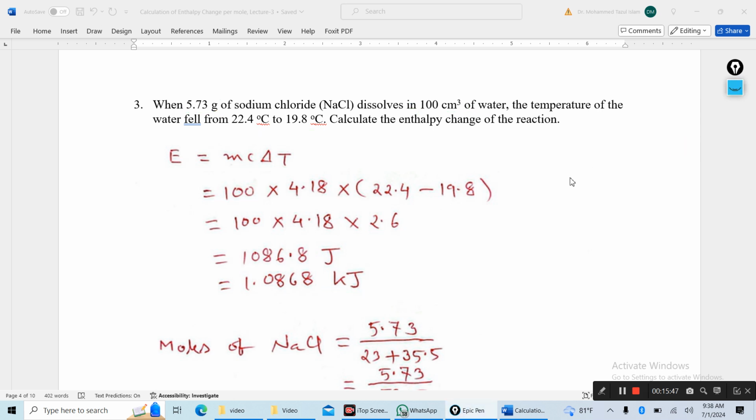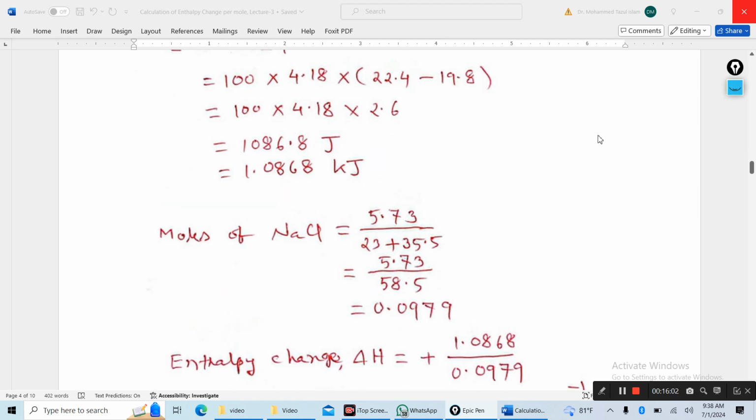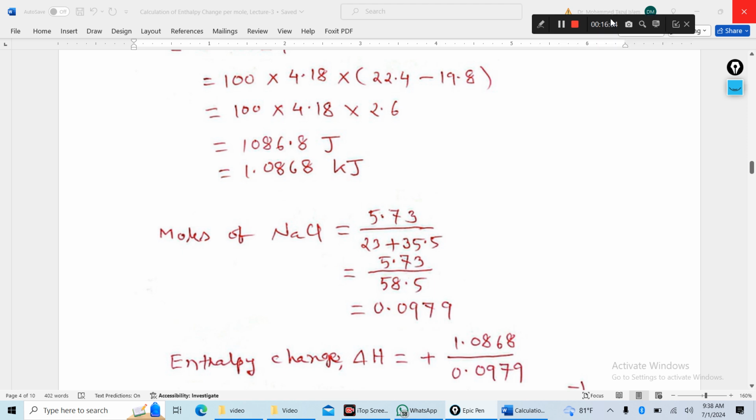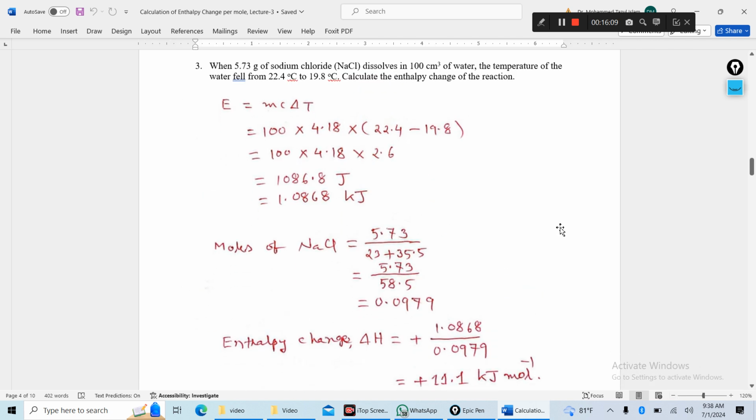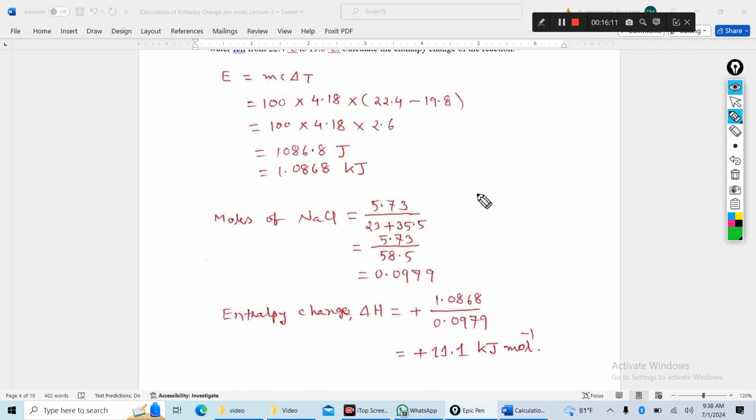Then, as the mass is given, to find the mole you have to apply the solid formula. How do you calculate the number of moles? Moles of sodium chloride equals mass given divided by molar mass.